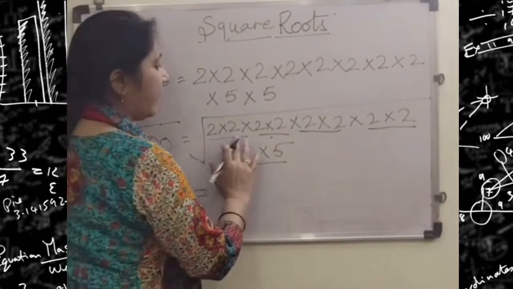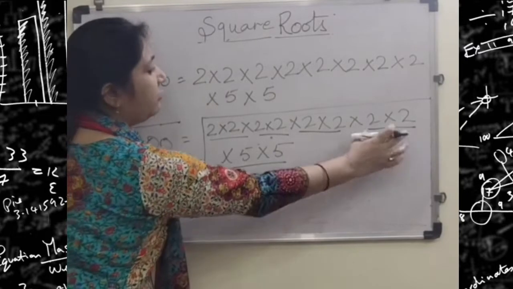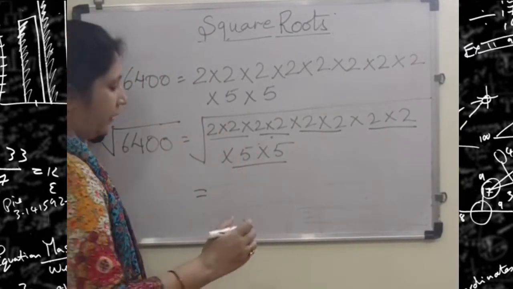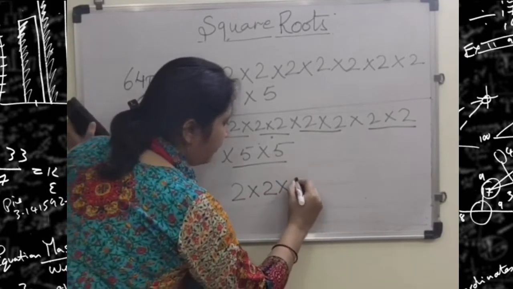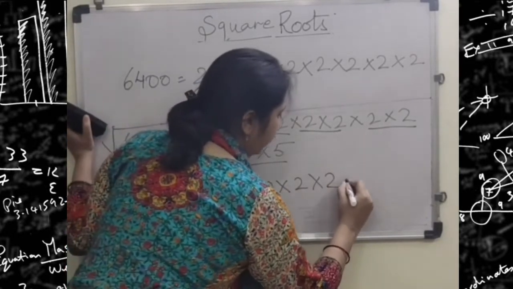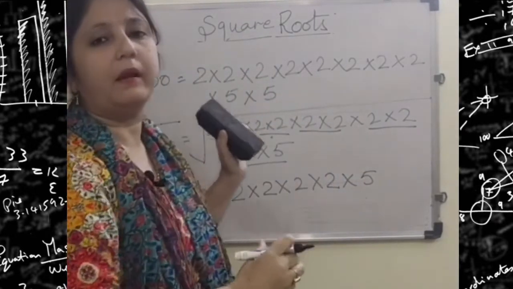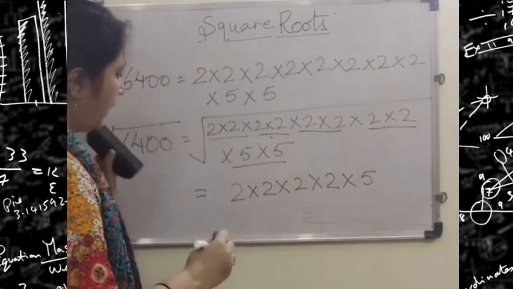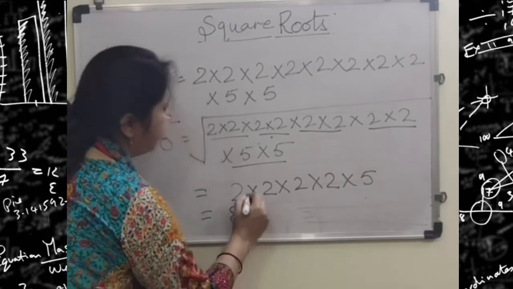But this side where we have paired the factors, from each pair we take out one factor. And this process, when we take out one factor from each pair, removes the square root sign and the answer comes 80.